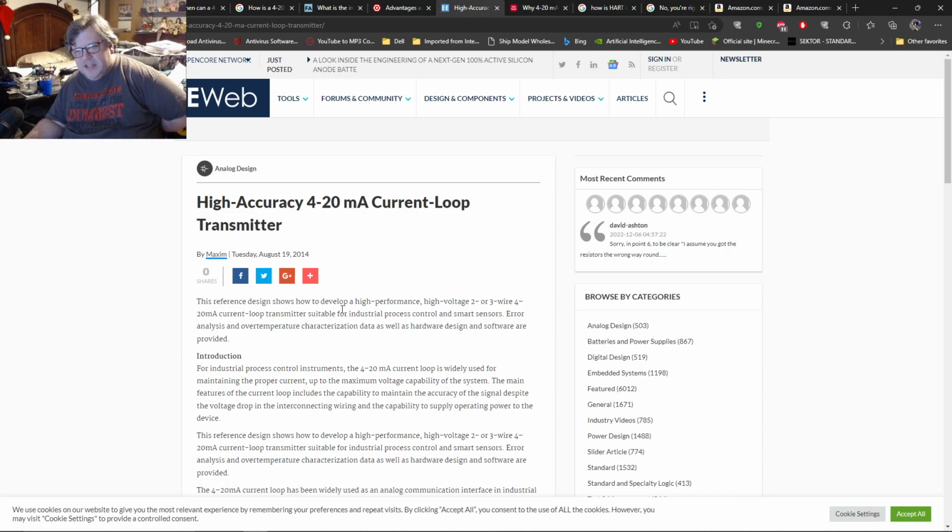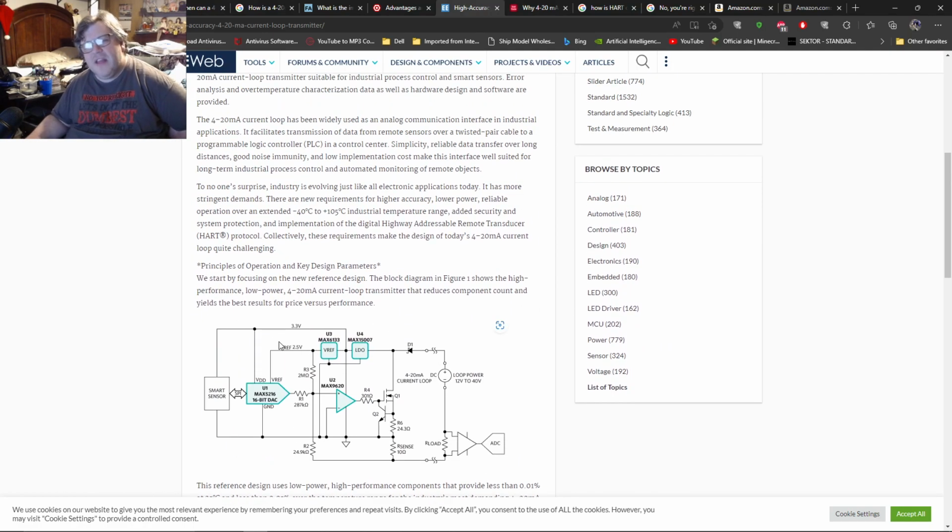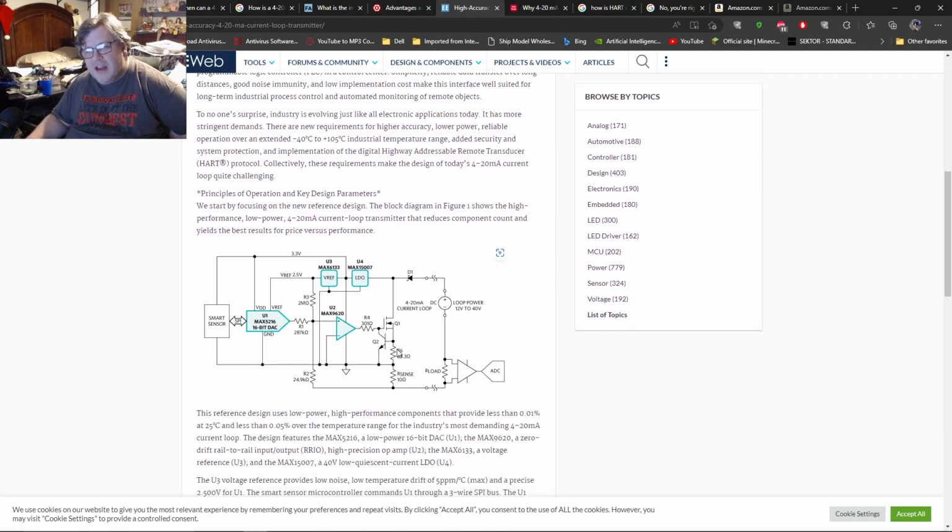This reference design shows how to develop a high performance, high voltage 2 or 3 wire 4 to 20 milliamp current loop transmitter suitable for industrial process control and smart sensors. Error analysis and over temperature characterization data, as well as hardware design and software, are provided. So yeah, this shows you even how to make your own.